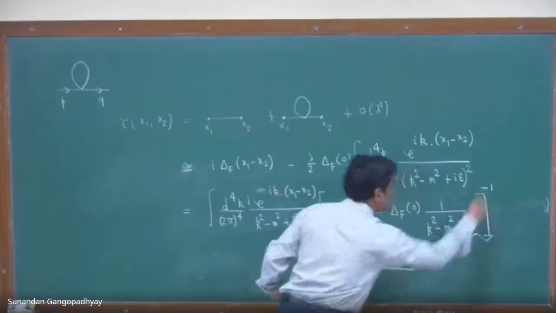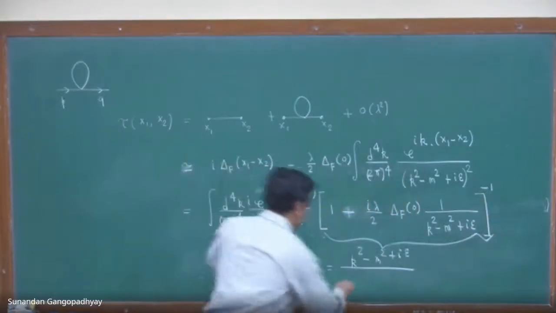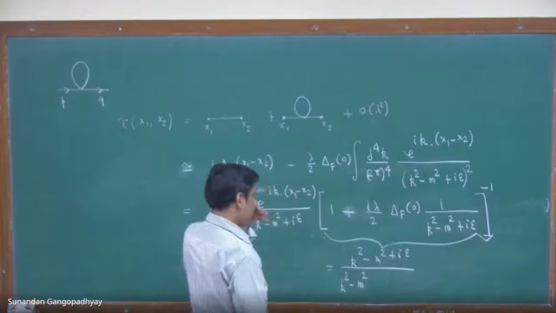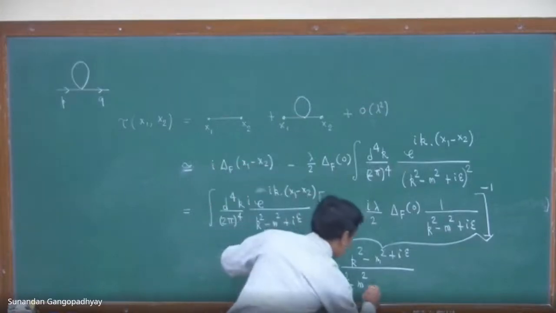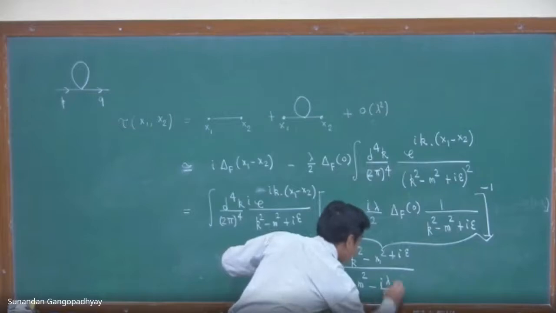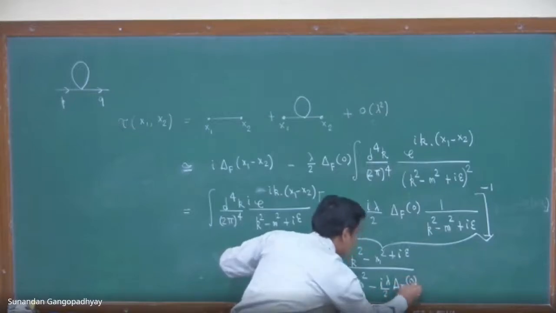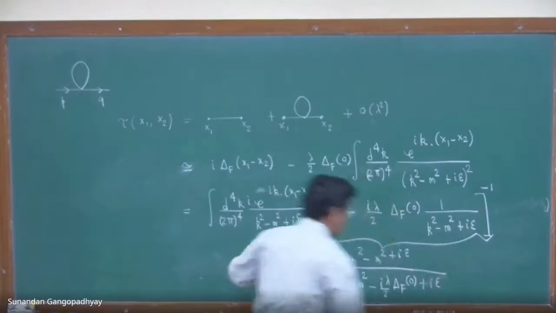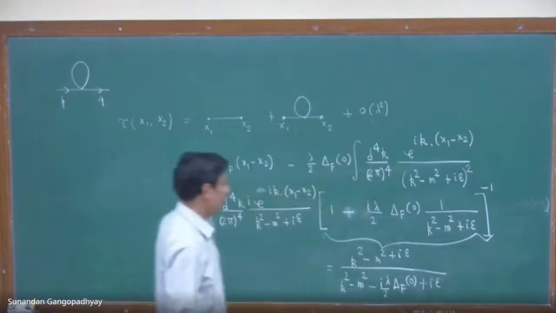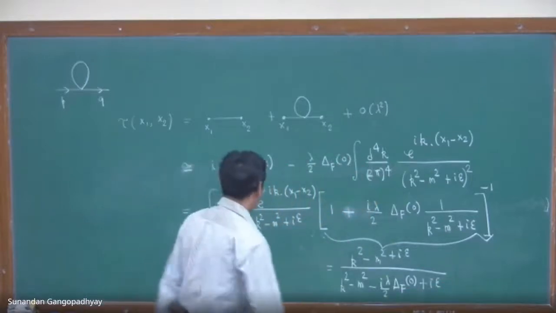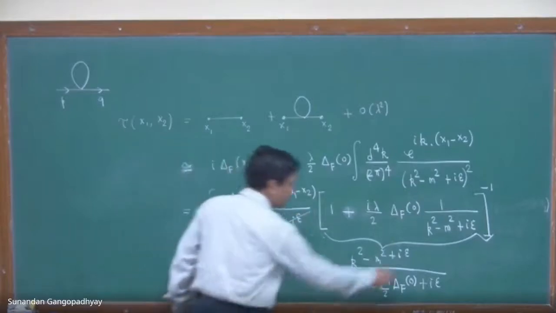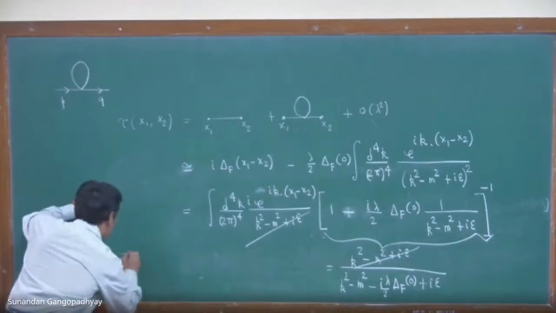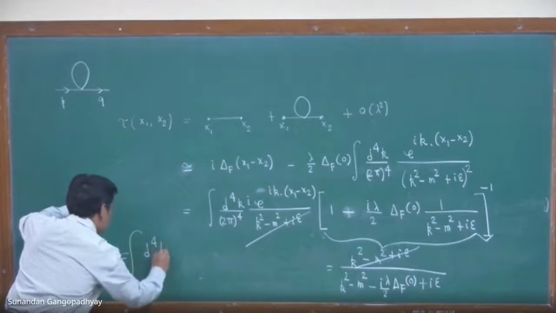This full thing after taking the inverse will give us n squared. Now you can see that this factor cancels with this factor, and therefore you have this equal to k.